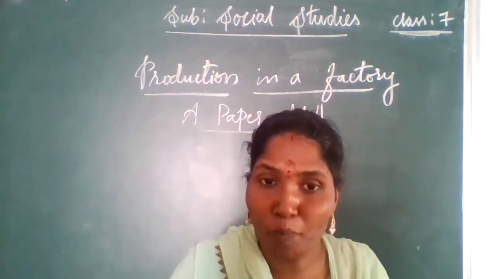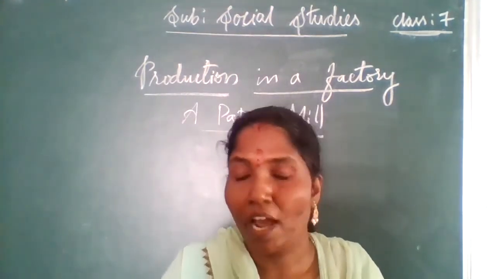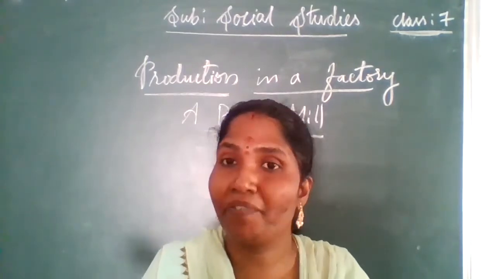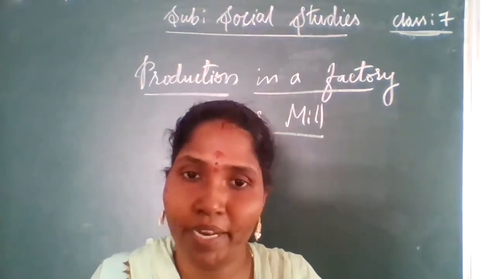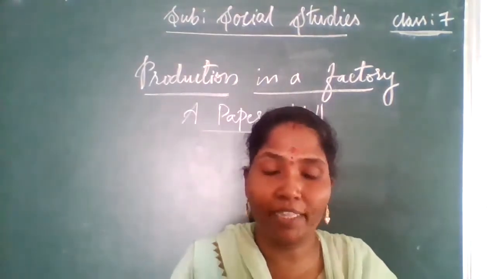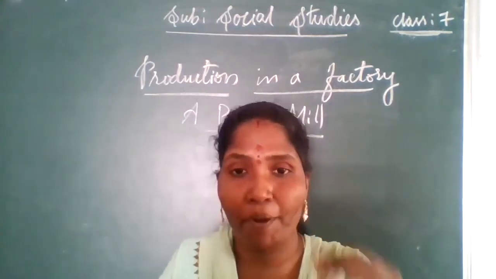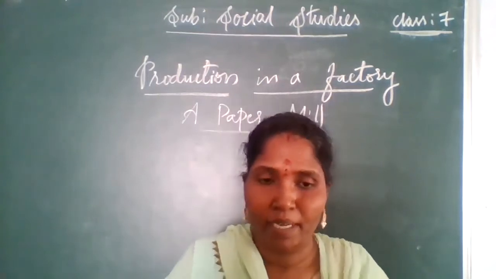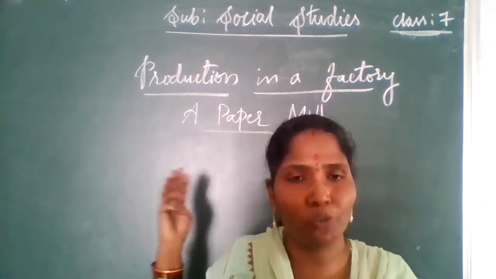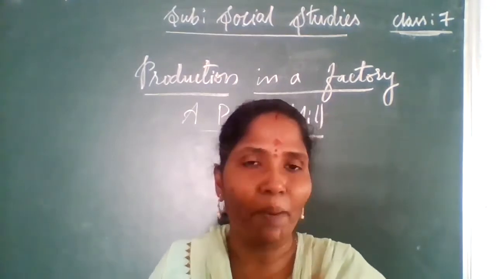It may be the handloom lesson, the handicrafts, where Polaya did, or the Jagataya's family, where they produced cloth. They used some materials in order to prepare a sari or a basket. In the same manner here, in order to prepare paper also, we need some required materials.